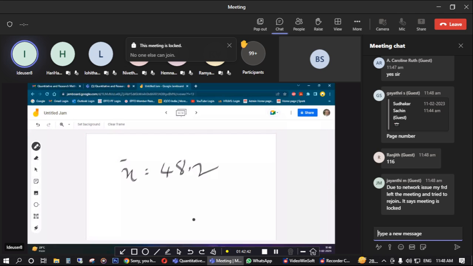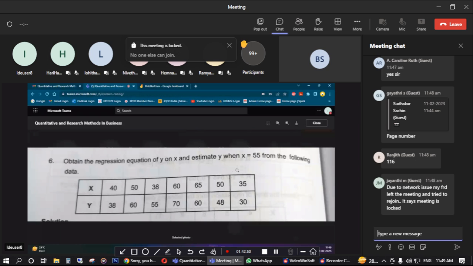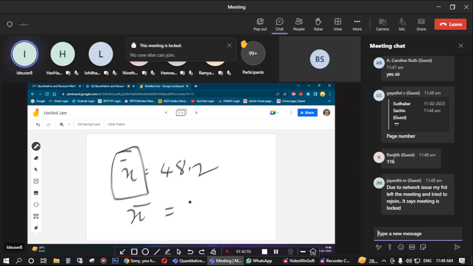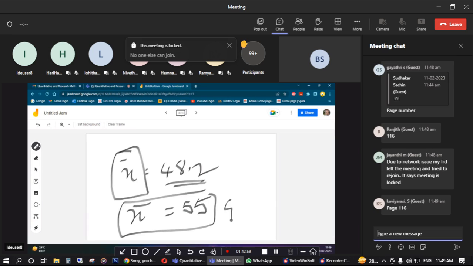So instead of this x bar, he is asking you to take x bar as 55. So you have to just substitute 55 instead of 48 and get the value.